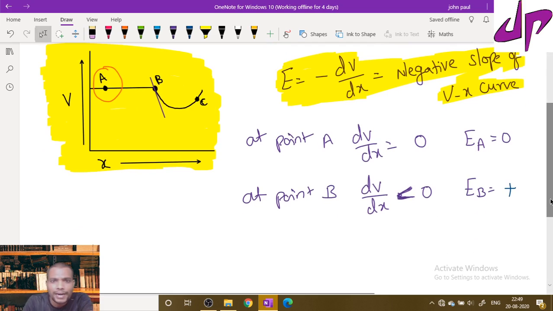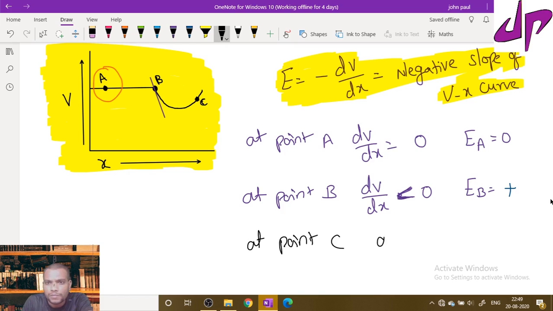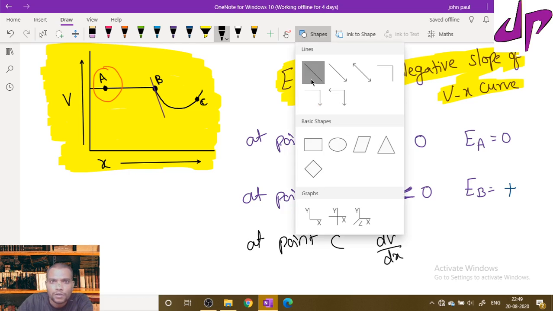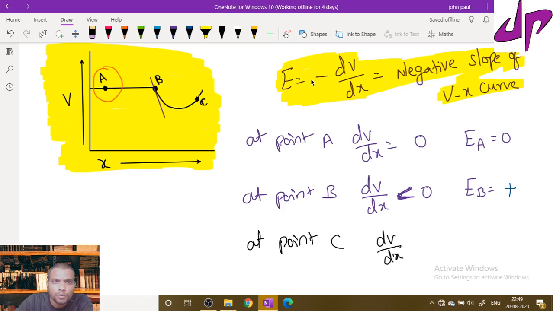Now let's find it at point C. At point C, dV by dx. If I draw the curve at point C, it is an increasing, positive slope. So dV by dx is greater than 0. If dV by dx is greater than 0, the electric field at point C goes negative, and here at B it is positive.